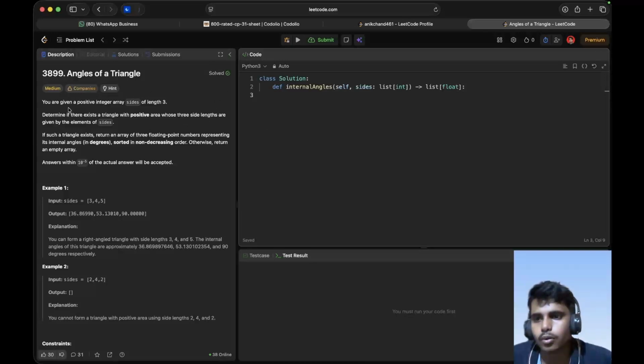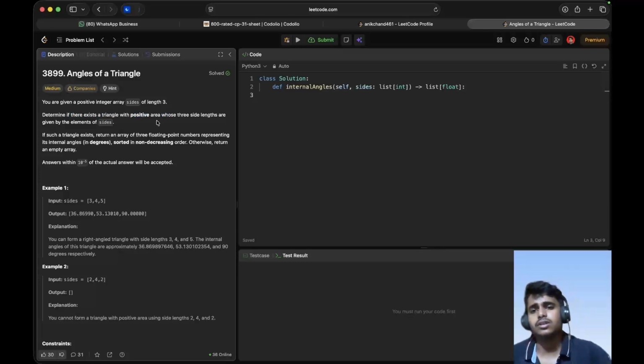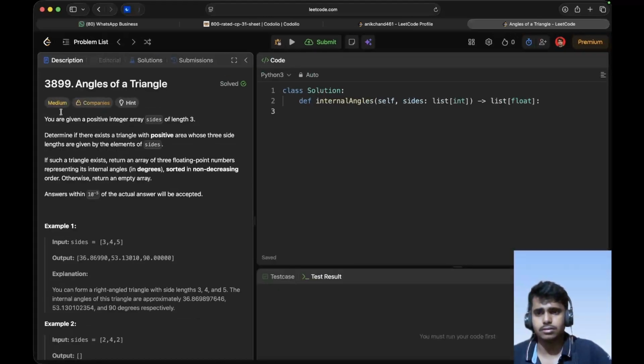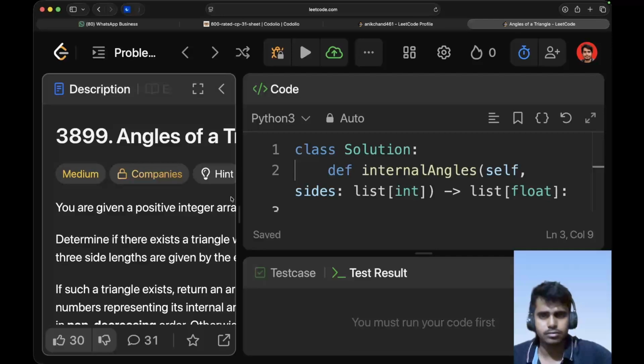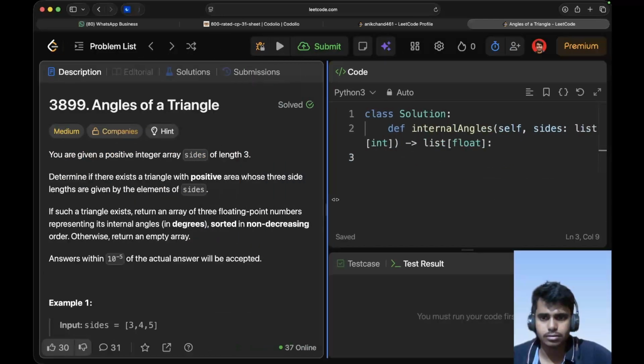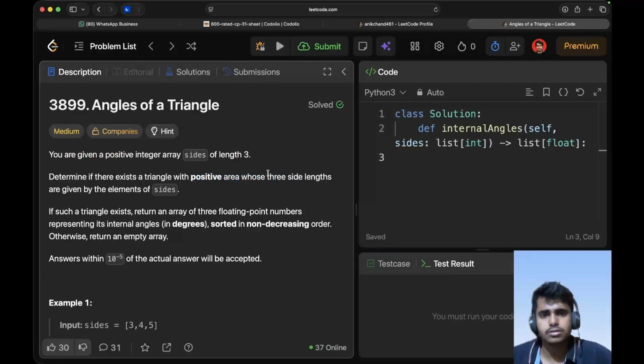You are given a positive integer array sides of length 3. Determine if there exists a triangle with positive area whose three side lengths are given by the elements of sides.